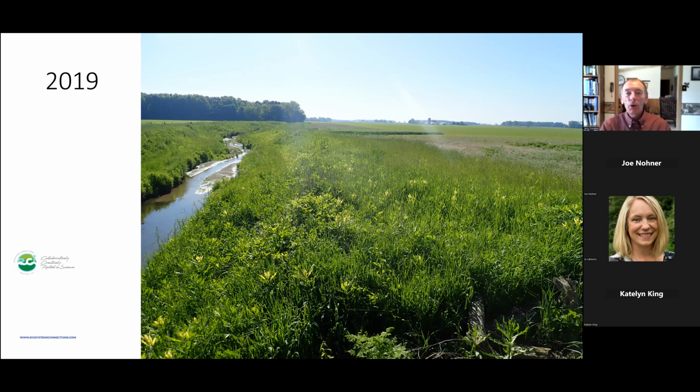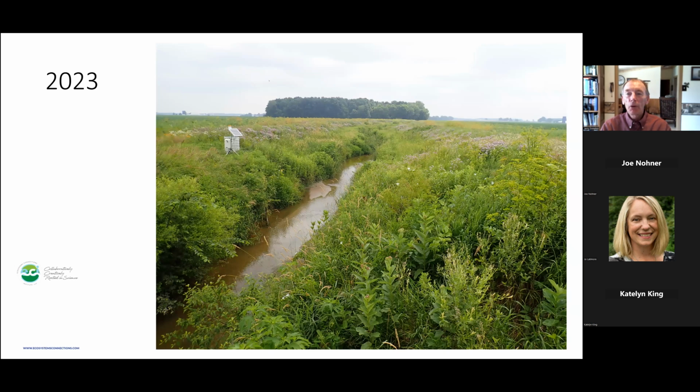And then in 2023, the farmer agreed to putting a 125-foot buffer in warm season grasses on both sides. And this looks very different than the first picture I showed you. It's still a huge source of nitrogen and phosphorus and sediment, but it does create some wildlife habitat and stream bank stability, and among a variety of other things we saw improved there.